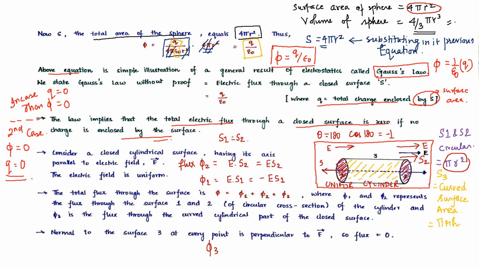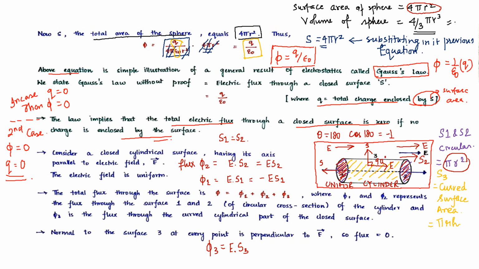Xi3 is the flux coming out of surface 3. This will be given as ES3, the electric field having a dot product with the surface area 3. Now for this curved surface, the surface area element, or the surface vector, goes up, and our electric field lines are going along the positive x-axis. So what do you think is the angle made over here?